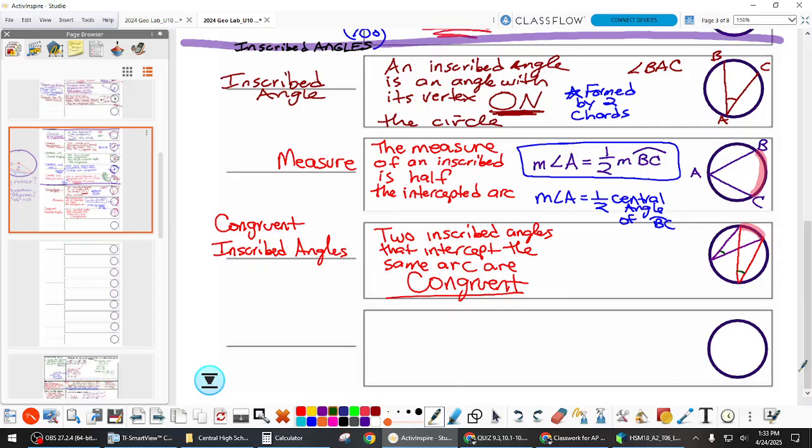Okay, next, we are going to need a couple more boxes. Sorry about that. Are you sick of the word inscribed yet? I am. I was tired of writing it.